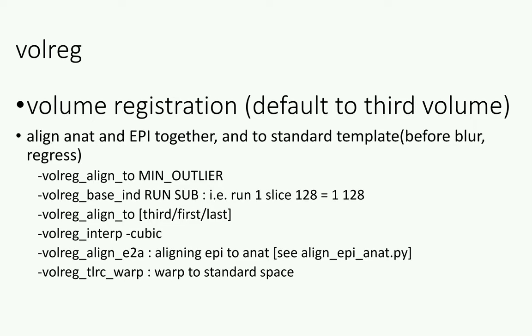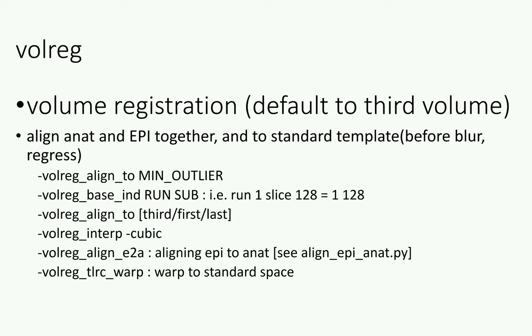With a volume registration, you're shifting the functional brains to all be mapped onto the same space. You can align it to any location within that space. Here, the minimum outlier is a nice default, because the less you shift your data, the less interpolation you're going to require to do.